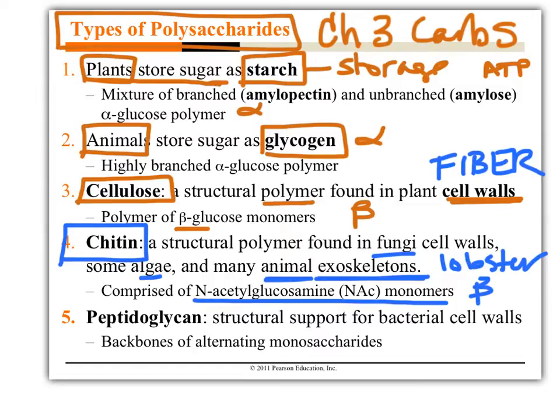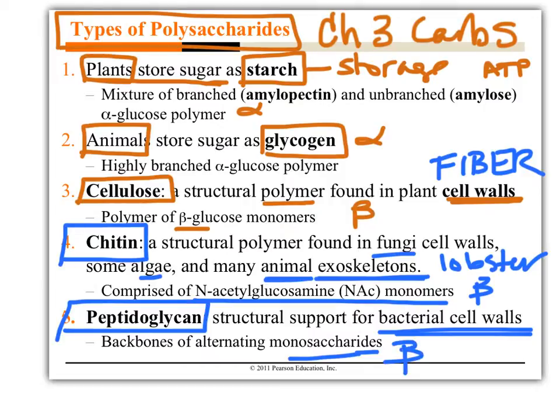Beta. Peptidoglycan. What the heck is that? Bacterial cell walls. Don't confuse cellulose with bacterial cell walls. Backbone of alternating monosaccharides, which again are a little bit different. Again, in beta. So, let's recap. Plants and animals, alpha, starch and glycogen, and cellulose is beta, chitin is beta, peptidoglycan, beta.